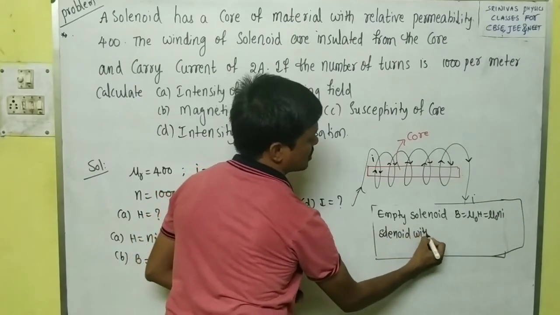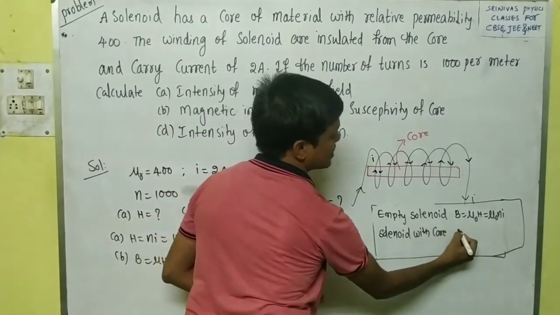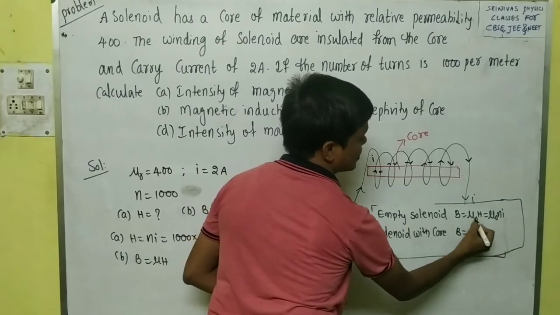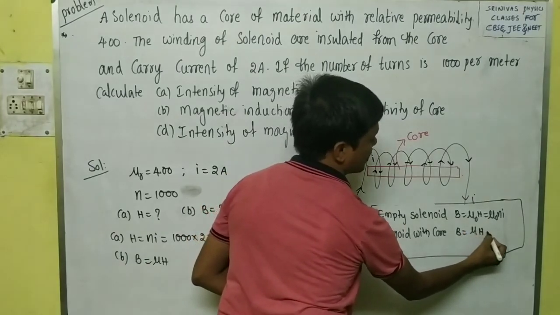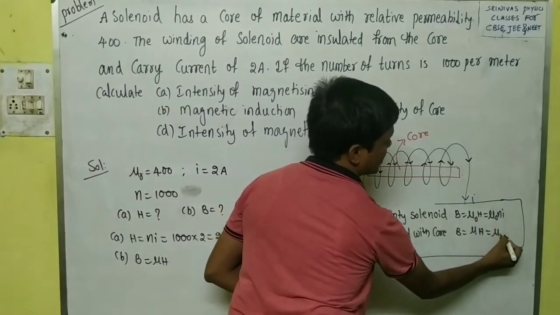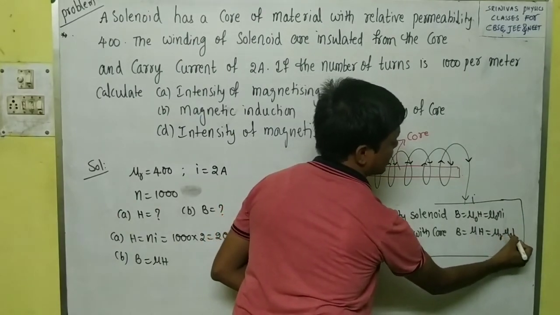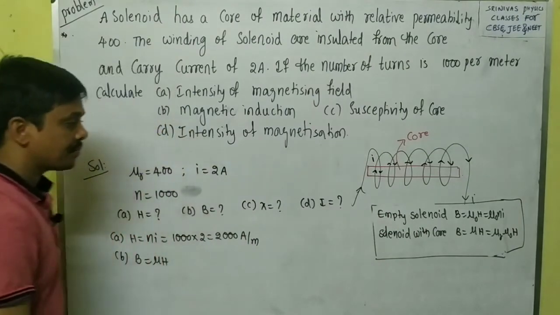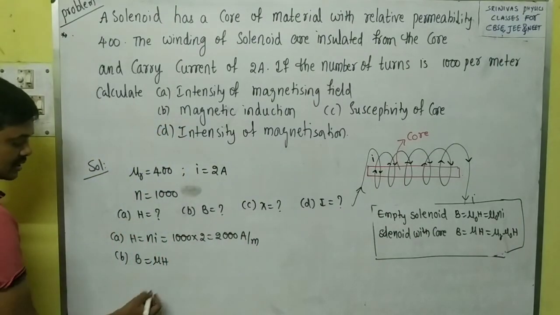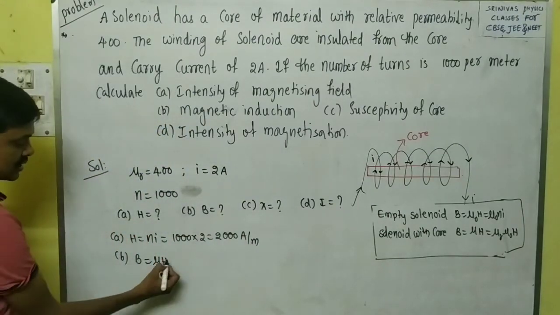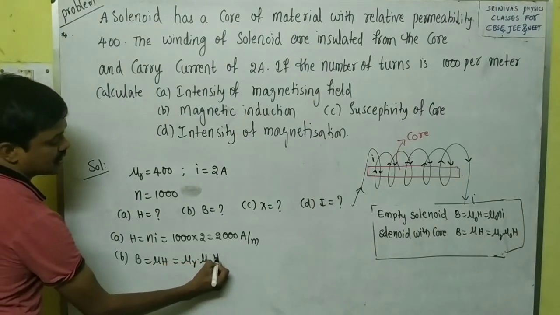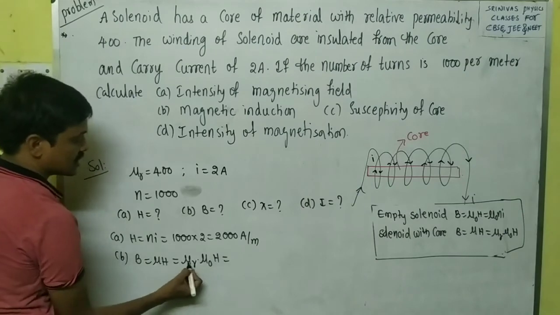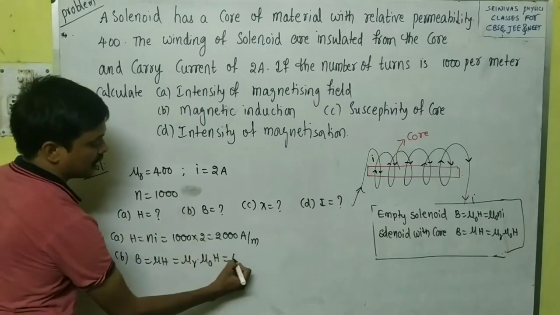Now a solenoid with a core, some substance on the axis. The magnetic induction is, instead of free space, we write the material core permeability, so we take mu H. Mu we can also write as mu r into mu naught. So B is equal to mu H, then mu is mu r into mu naught, into H. Mu r is the relative permeability of the substance, 400.